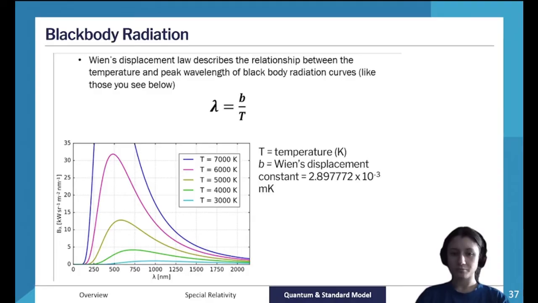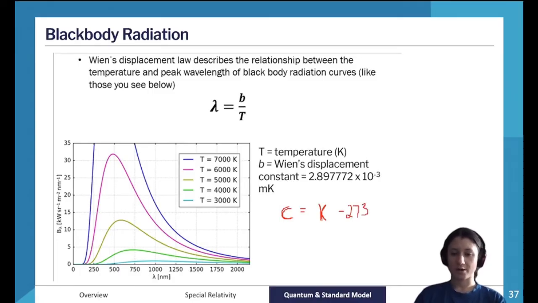So the temperature in Celsius, or in degrees, will be the temperature in kelvins minus 273.